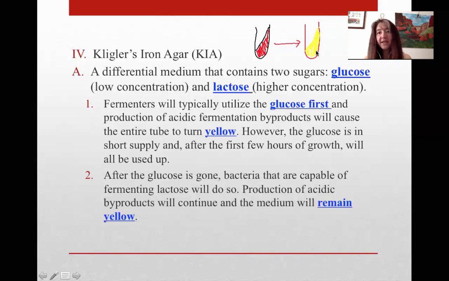But this is going to happen at some point in the middle of the night while we're at home sleeping, and the bacteria are gradually running out of glucose. So they're going to run out of glucose. So we can say that at this point, glucose fermentation has taken place. Glucose fermented.